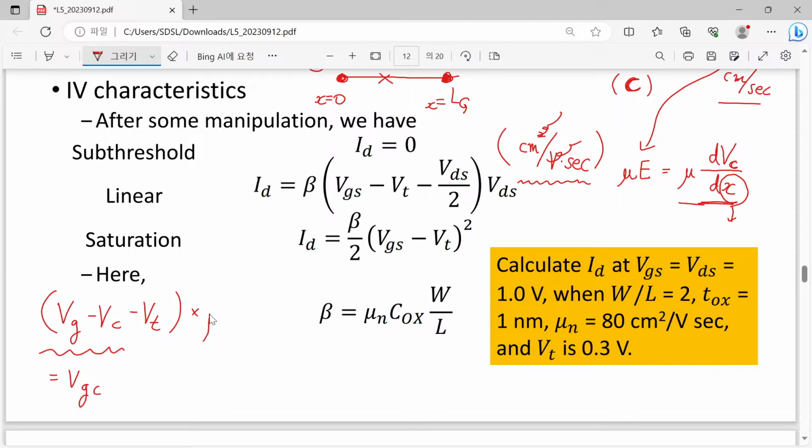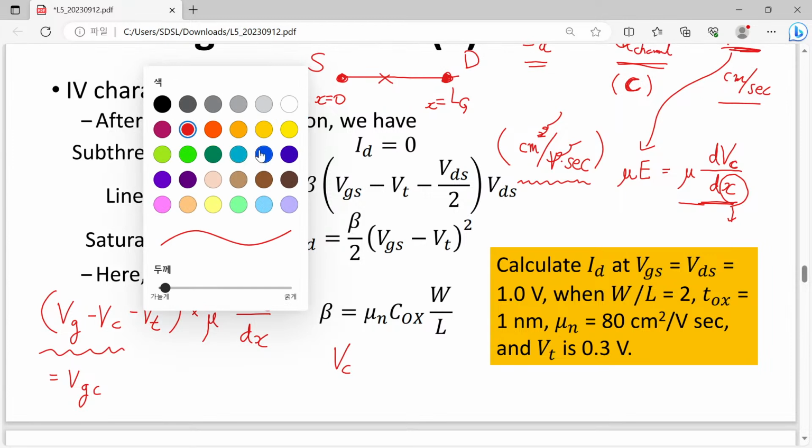Here we have mobility, and here we have dVc over dx. Now you can see that, from the viewpoint of the internal quantity Vc, where can you find the Vc?